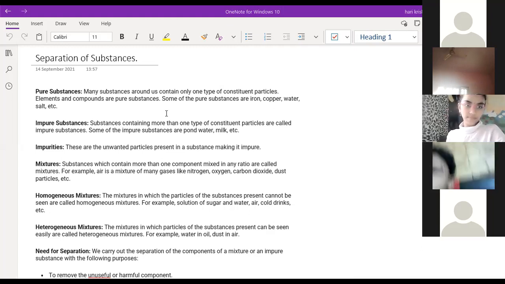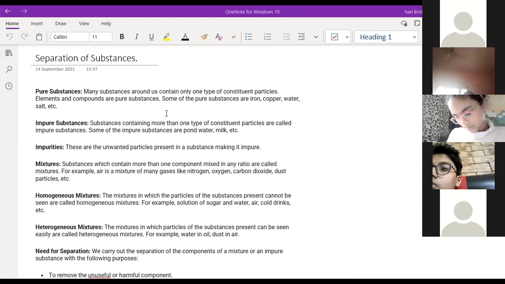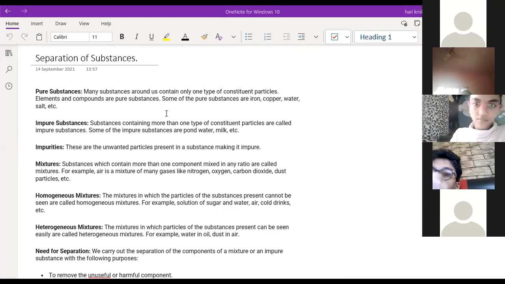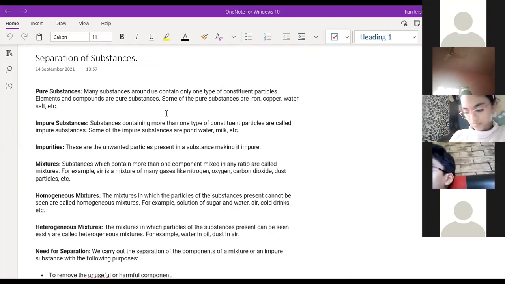Suppose if you take iron, copper, water, salt, all these are pure substances only, because iron and copper come under the element category, water and salt come under the compounds category.